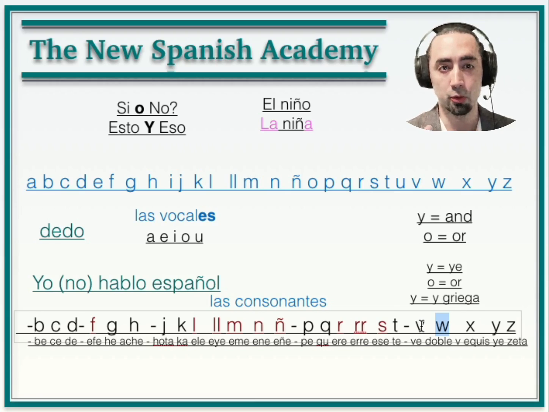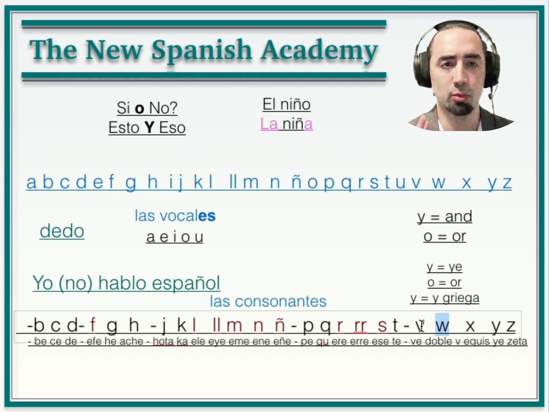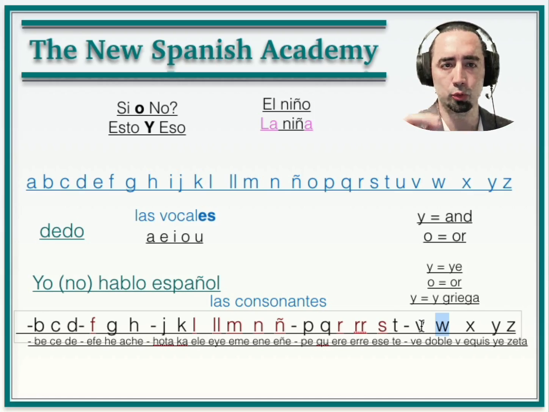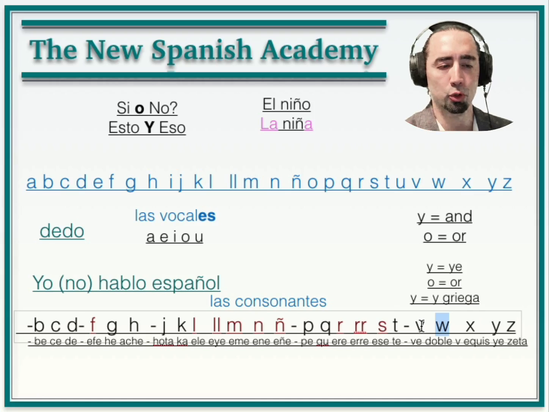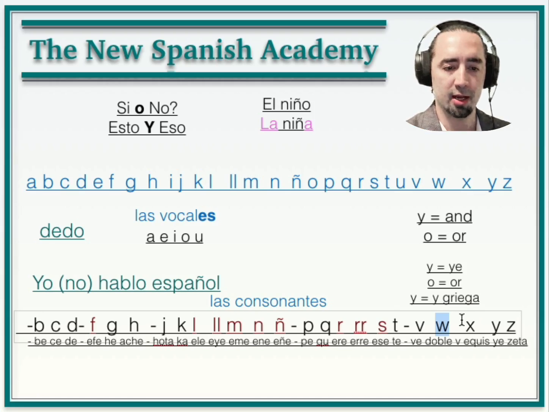We call it W and we call it double V. In South America we say double V, and in Spain we say W. So if you want to say www.thenewspanishacademy.com, in Spanish you would say it with the double V or W. Dot is point, punto. Alright? Good. Now we have X.